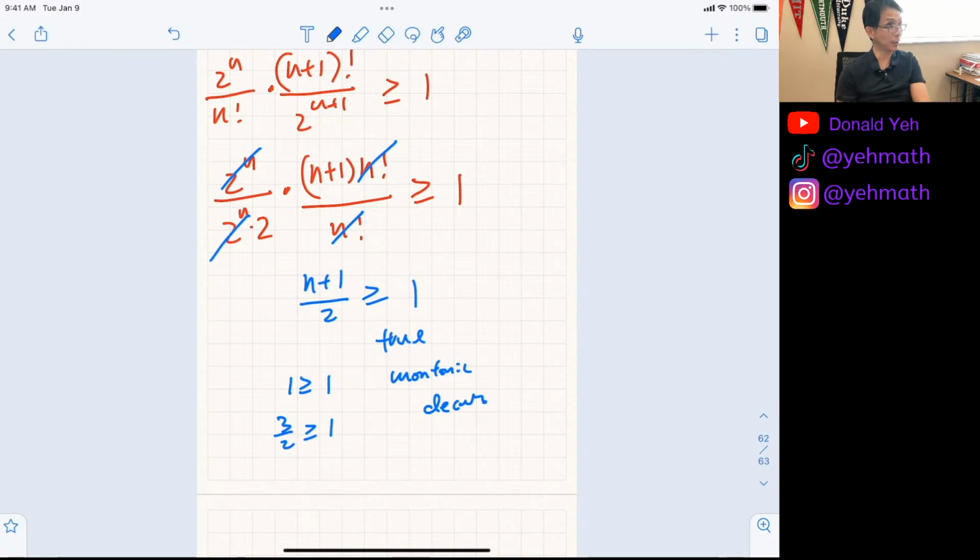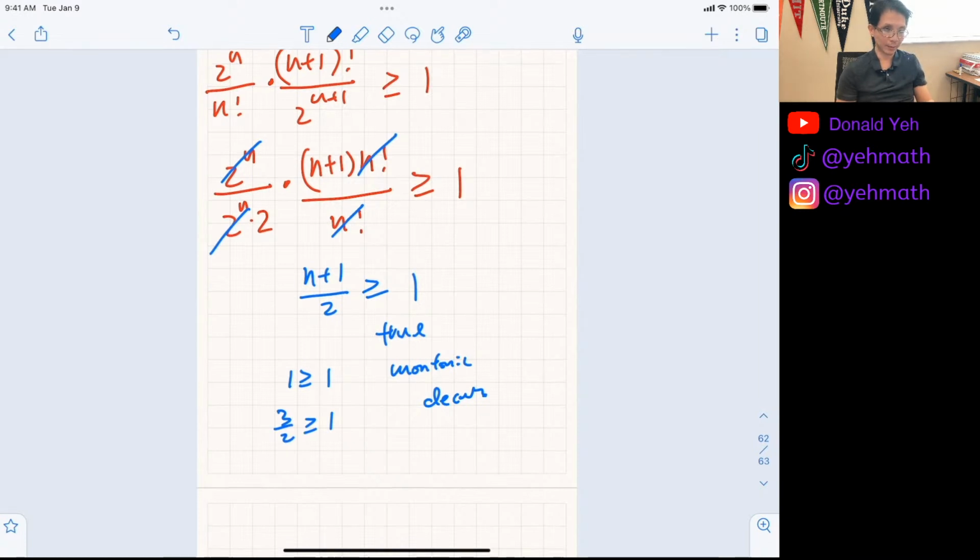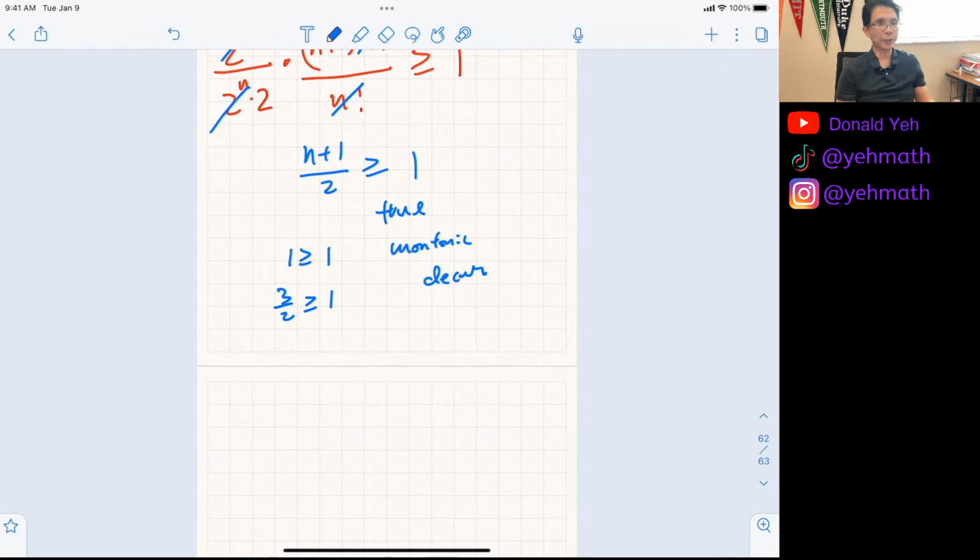Therefore, it's strictly decreasing. Are we okay here? Yes. Excellent. I got this example from a professor, and I thought he does a very good job explaining things. So I thought he did this part really well to show you guys how to know if a function is monotonic.